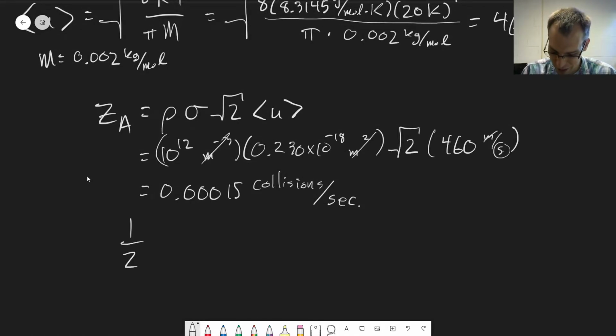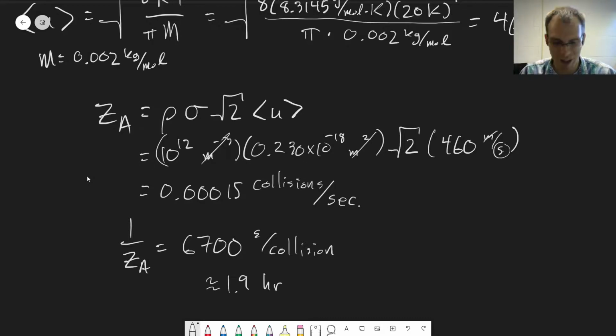So 1 over ZA is equal to 6,700 seconds per collision. So it takes about 1.9 hours between collisions. So if you're out in space in this dense, again, quotes around that, dense cloud, it takes about 2 hours for one molecule to find the other one and hit it, which is crazy.